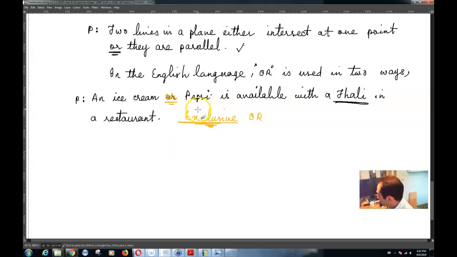Now, there is another type of OR which is called an inclusive OR. Let's take another example.